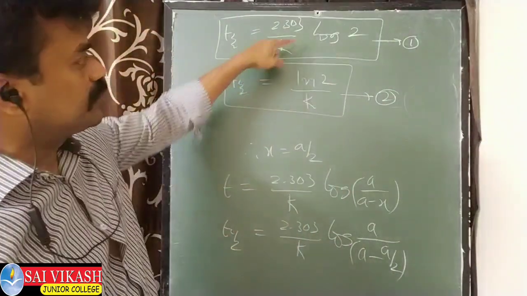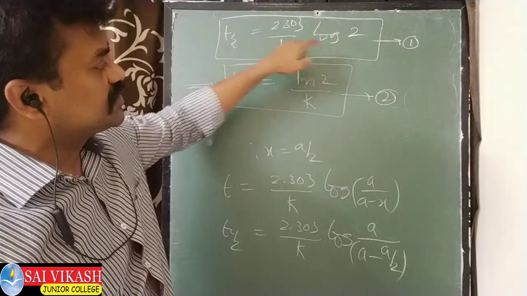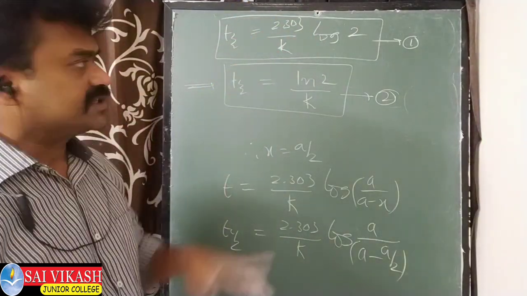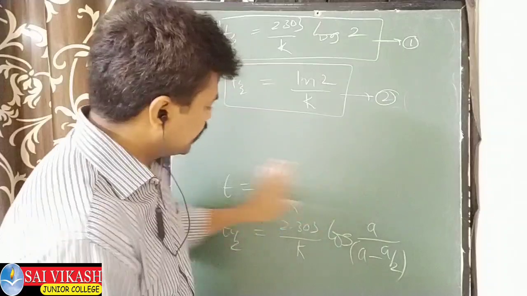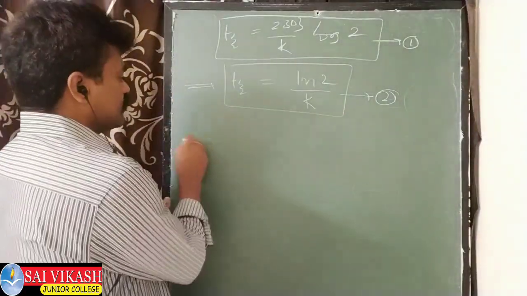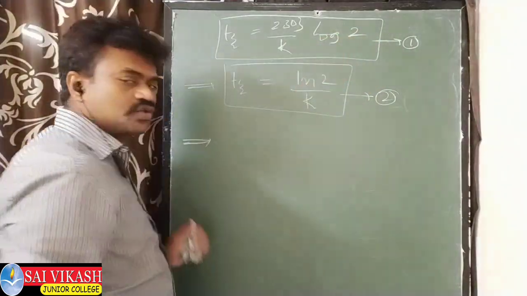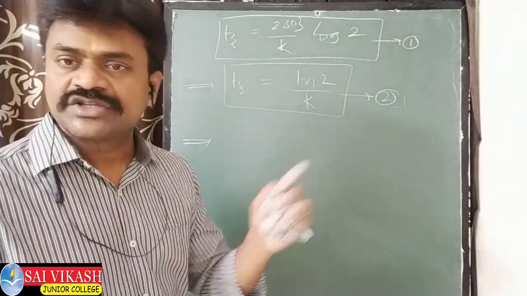How we got 2 from this? Just I am removing this 2.303, then log becomes ln. That's it, ln 2. These are important for objective, they will ask it. Now from 1, log 2 value how much? 0.3010.